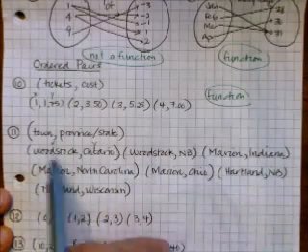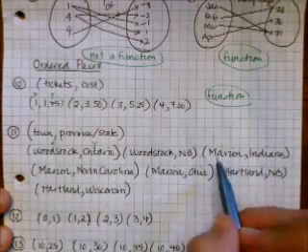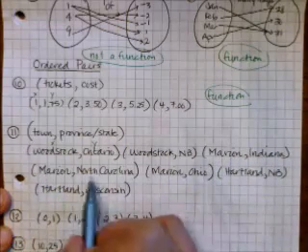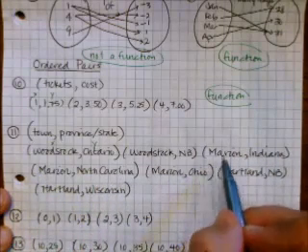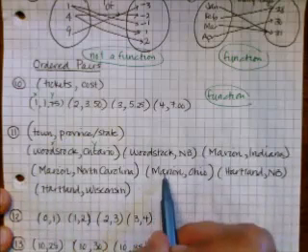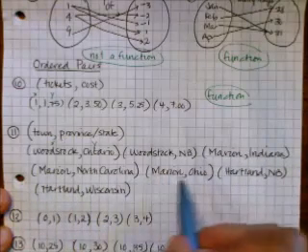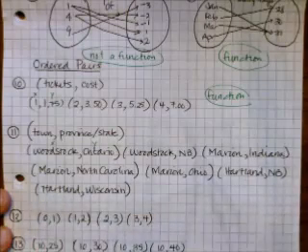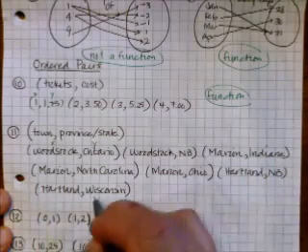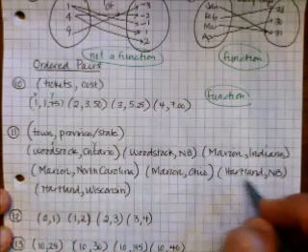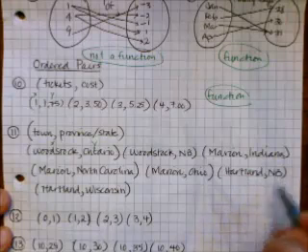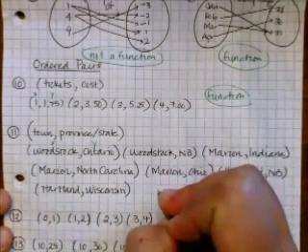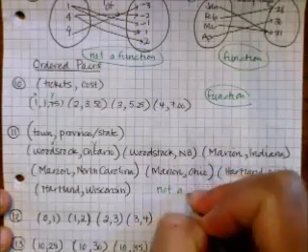This X has more than one Y. Marion happens again. Marion is associated with Indiana, North Carolina, and Ohio, three different Y's. And then Heartland, this X, is associated with both New Brunswick and Wisconsin. Heartland is associated with more than one Y. So this one right here is not a function.